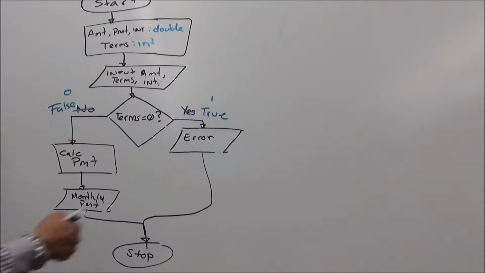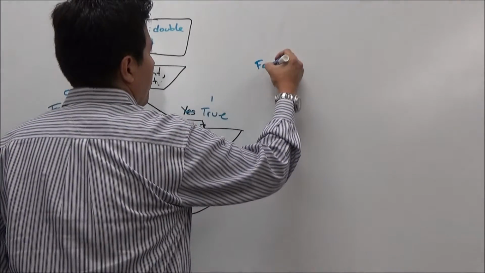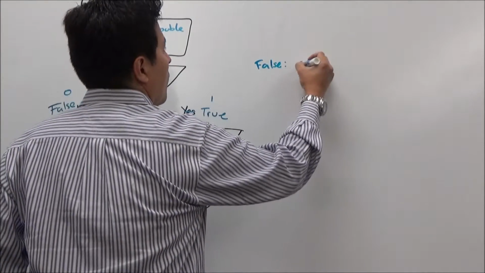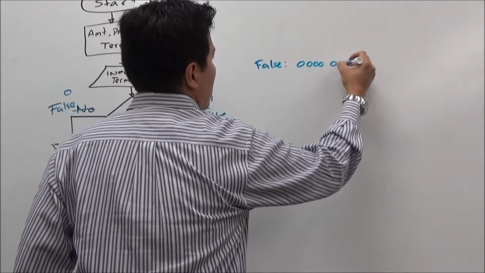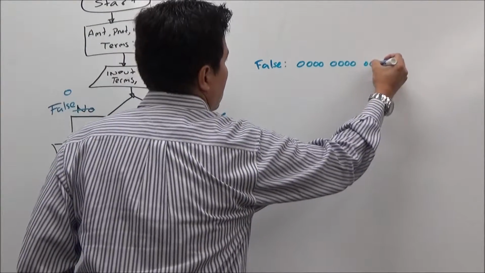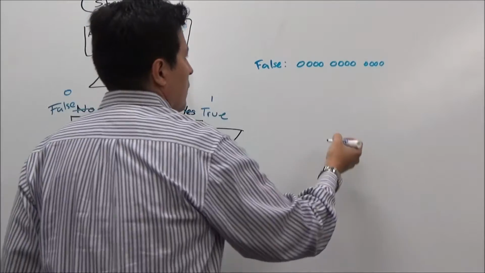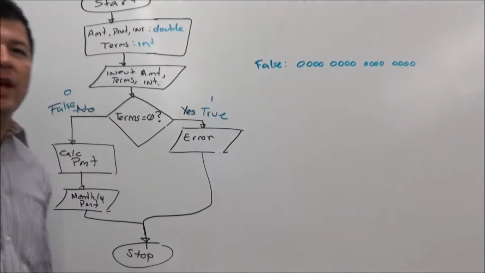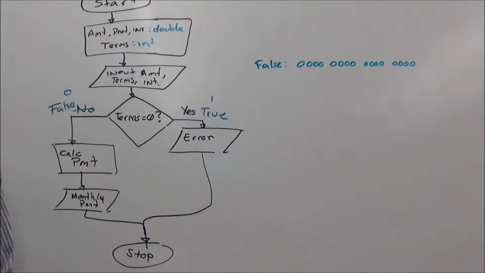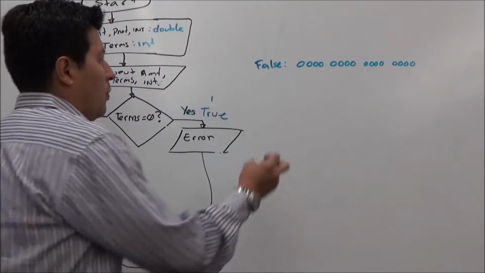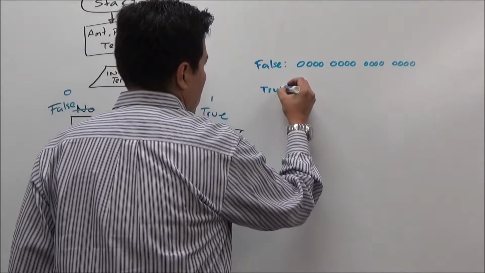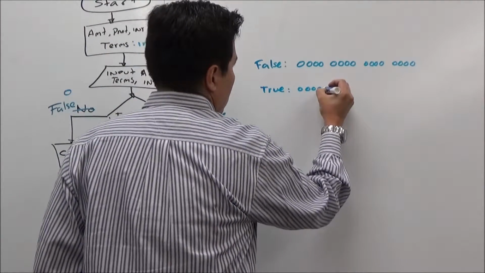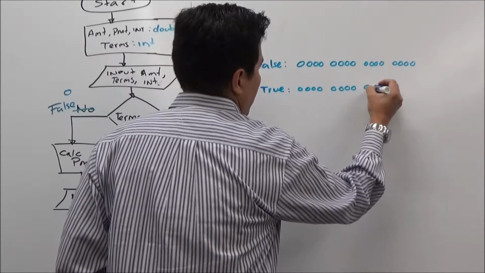If I have a 32-bit system, false is going to be, okay, let's see, it's a 16-bit system. It's a Windows 95. So true will be, I mean, I only need 1 bit for true, right?